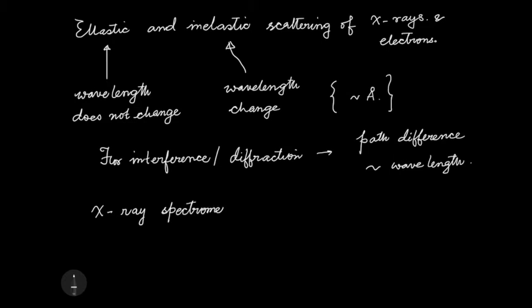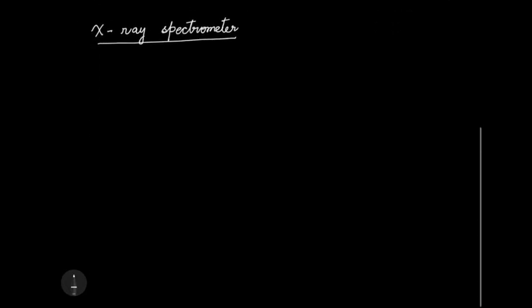So let us first learn how to make an X-ray spectrometer. It turns out that to make an X-ray spectrometer, what one can use is a crystal, a metallic crystal. So what is a metal crystal?